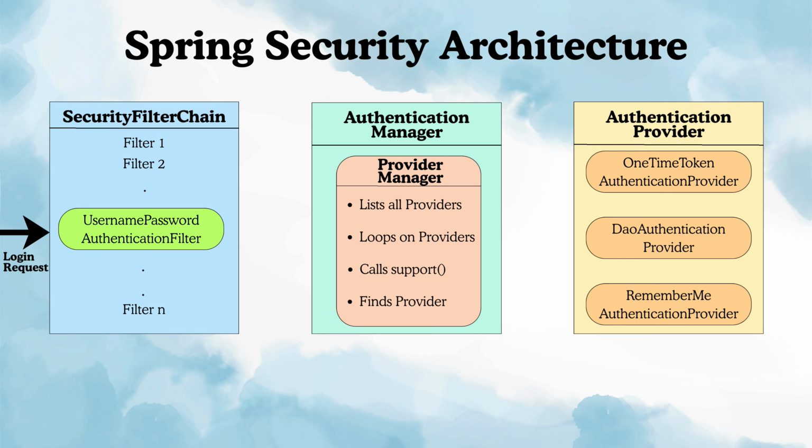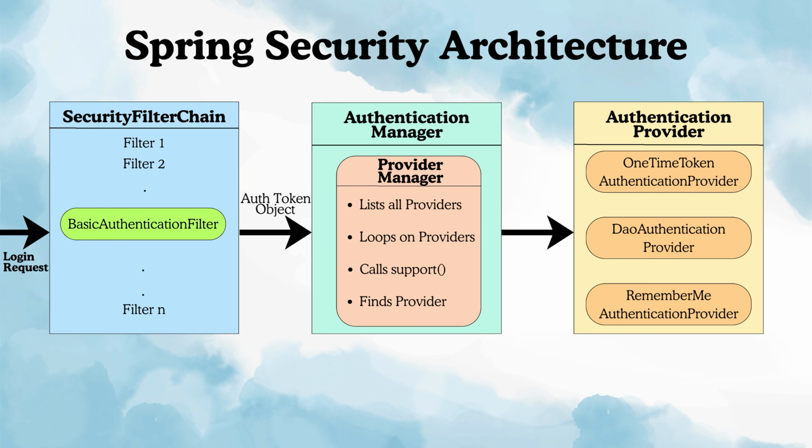Similarly, for basic authentication, we have a different filter named basic authentication filter. The request lands here, and as I told you earlier, all the core logic of authentication takes place inside the provider classes. And authentication manager is kind of like a bridge between the filters and the providers. That is the crux.